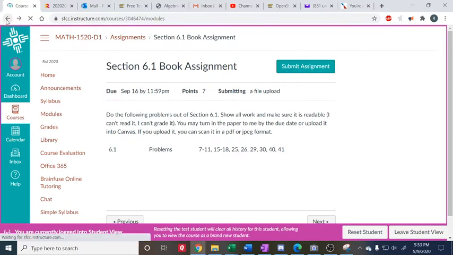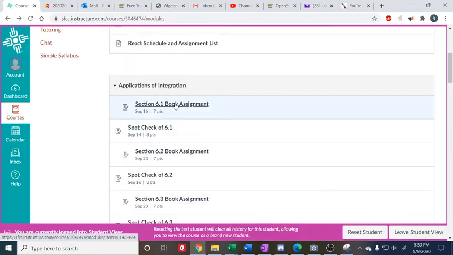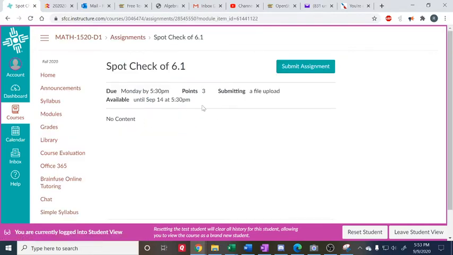And then immediately after the 6.1 book assignment, which describes which problems to do, it says spot check of 6.1. Click on that. It doesn't say anything except when it's due, and it has the button submit assignment. So this one, the spot check, you cannot submit late.